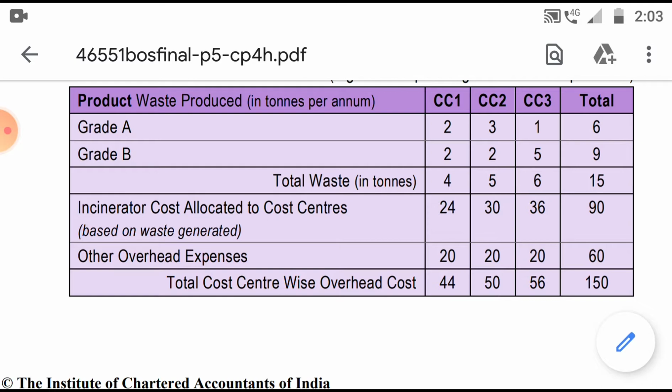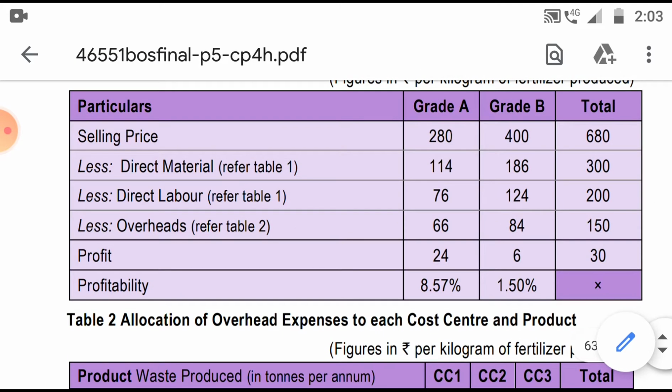What you get is 36, and to that add 30 because of the remaining 60 which has been allocated equally. So you get 66, and now deduct this 66 from the entire 150. You will get 84. So same as they have done, 66 and 84.